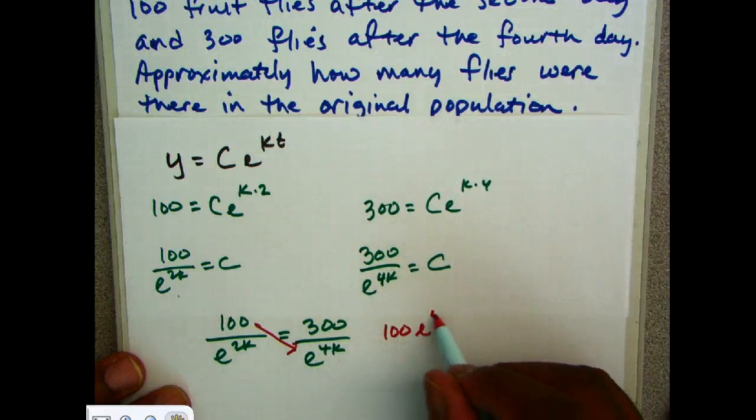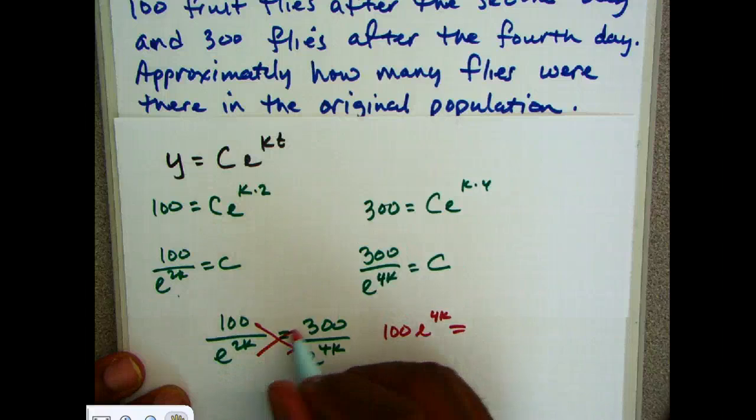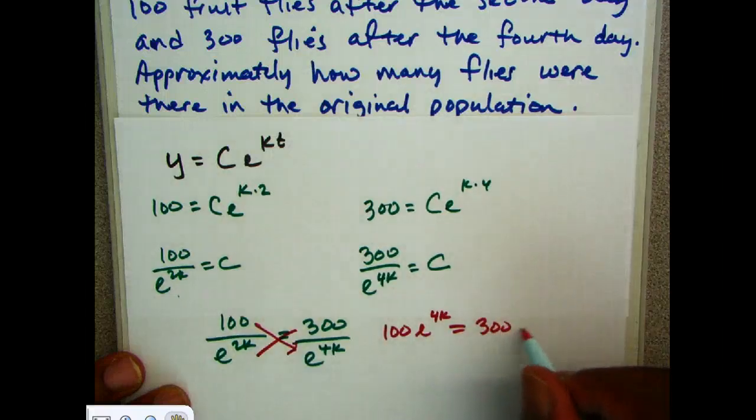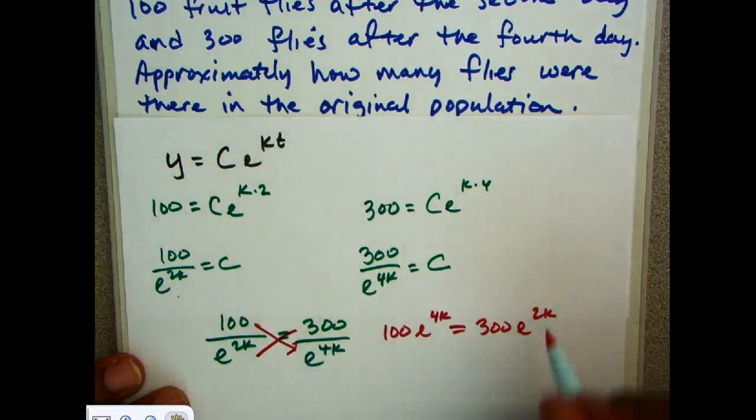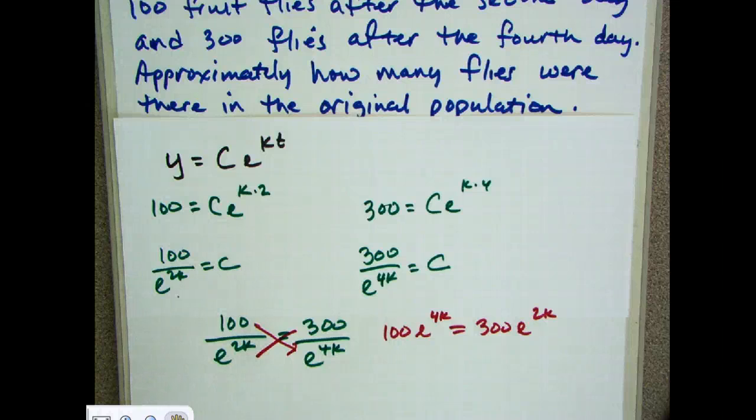100 e to the 4k equals 300 e to the 2k. So we should be able to solve our constant of proportionality.